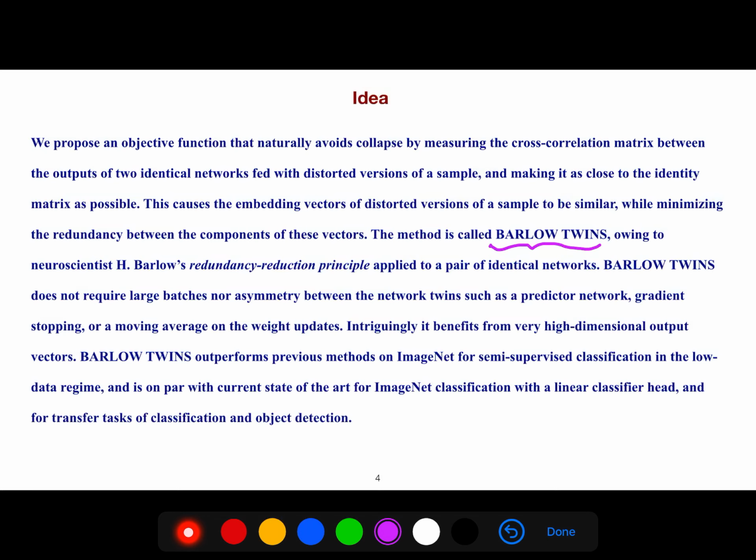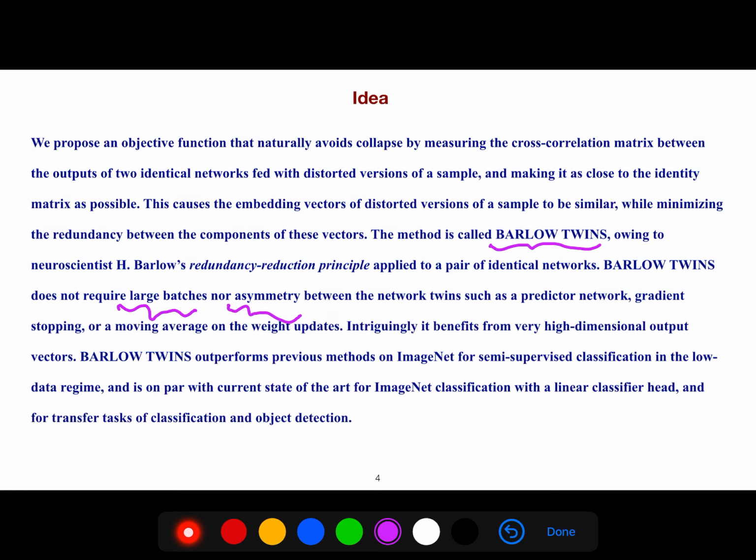Barlow was a neuroscientist working on the redundancy reduction principle, and so they applied it to a pair of identical networks. Barlow Twins does not require large batches nor asymmetry between the network twins, such as a predictor network, gradient stopping, or a moving average on the weight updates like SimSiam and BYOL that we have talked about in the previous lectures.